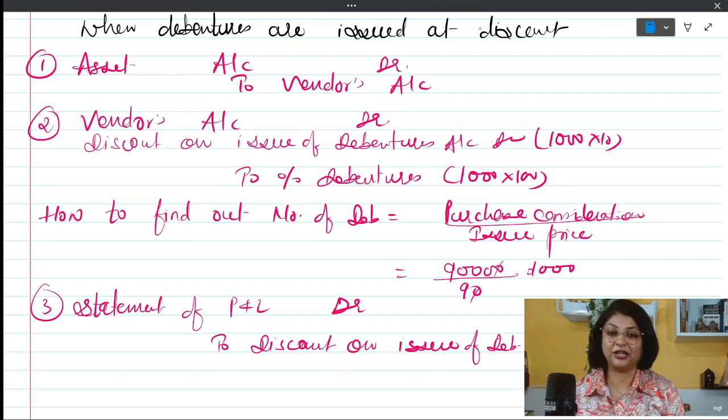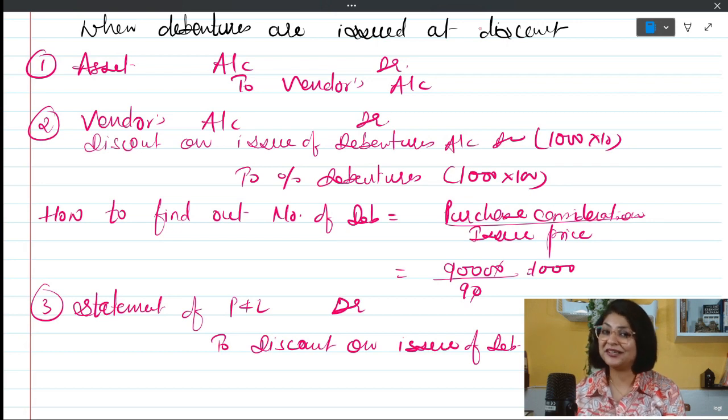Like this we have done. One more thing we learned today is how to calculate the number of debentures in case we are issuing the debentures at discount or at premium. In this case we write purchase consideration in the numerator, and in the denominator we write issue price. Issue price means the price including the premium or the price after deducting the discount. Then we get the number of debentures.